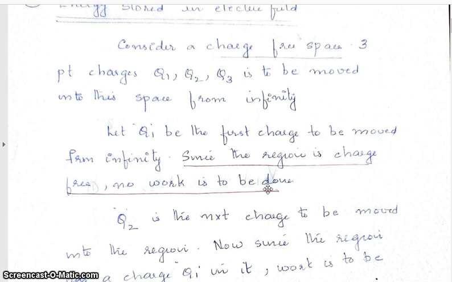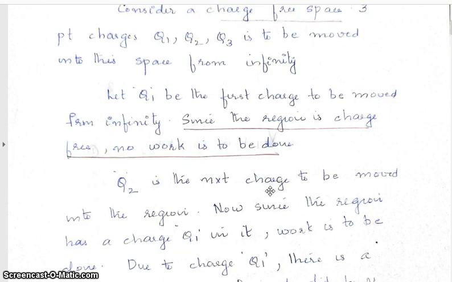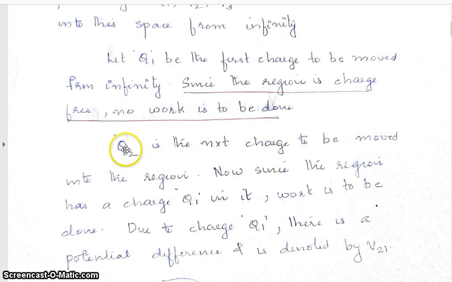That means right now that region is free of charge, and to that region you are moving a charge Q1. In this case there is no work to be done since this region is free of charge. Next we are moving Q2, the next charge to be moved into this region.